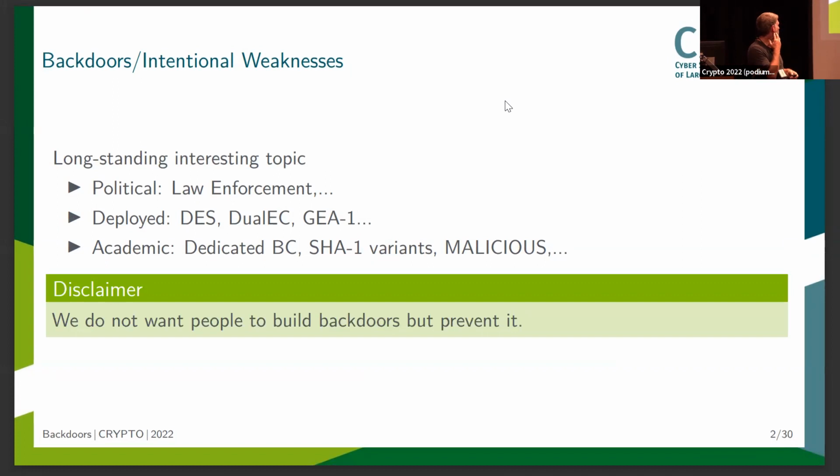And maybe one important disclaimer: we think it's bad. I hope it's clear without saying this, but I thought I better make it clear. Our main point is not to advertise for deploying backdoors, but to understand and then prevent them.